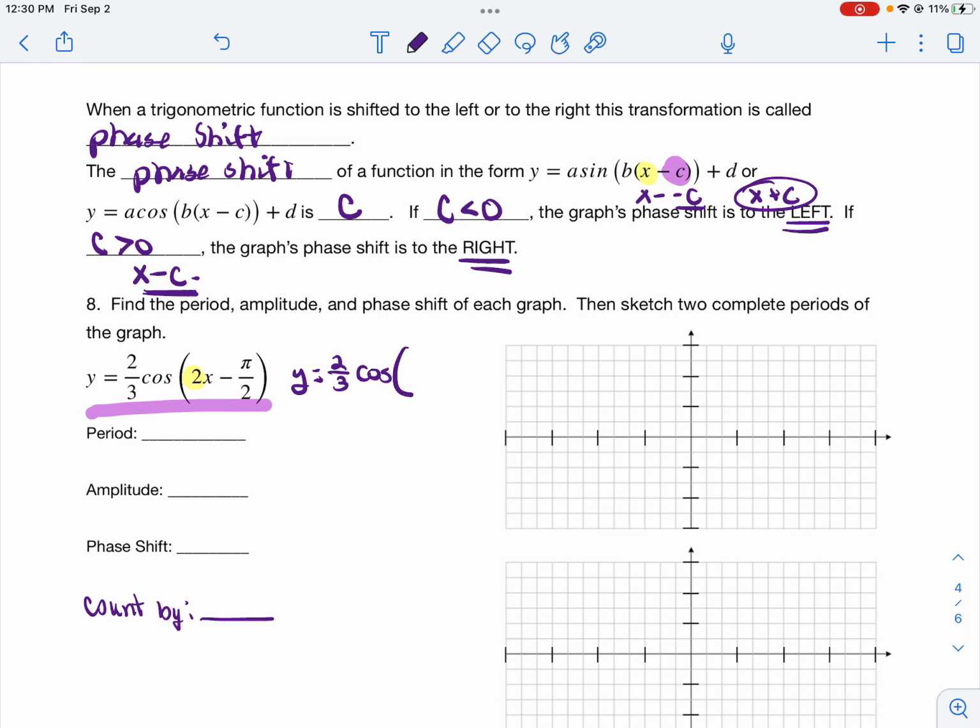Inside the cosine function, I'm going to take that coefficient of the x, which is 2, and factor it out of everything inside the parentheses. To do that, I'll just take each of the terms and divide by 2. So that gives me x. That negative pi over 2 divided by 2, again, flip and multiply, gives me negative pi over 4. So it's going to be minus pi over 4.